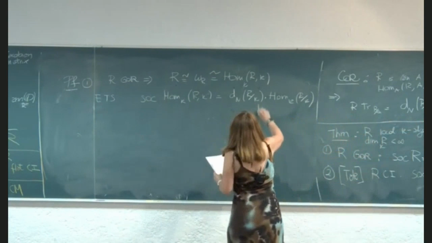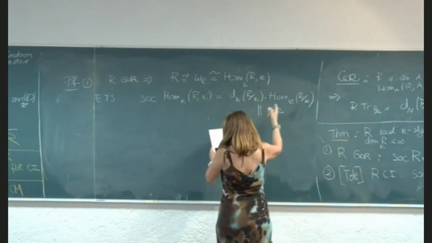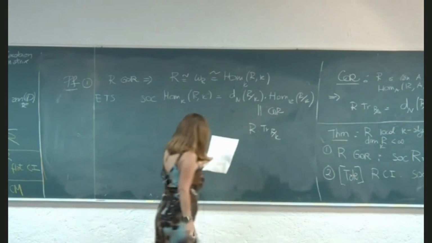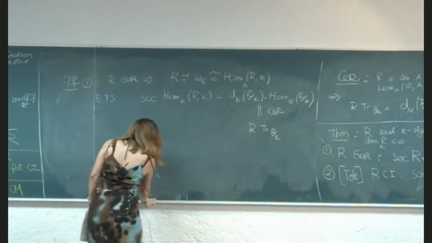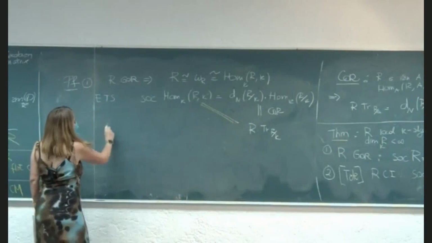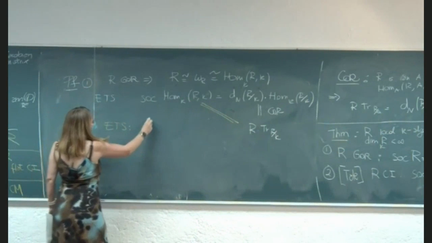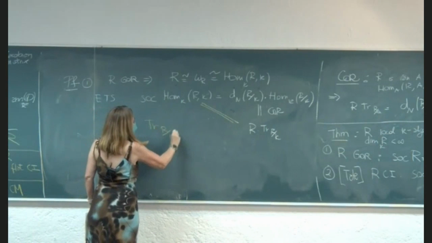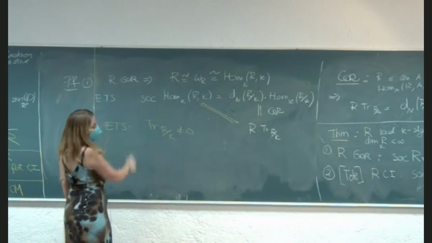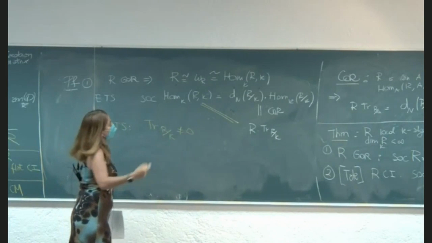Because if this is true, then this is generated also by the Noether different. But now look at the corollary. The corollary exactly describes this guy. And it tells me that this guy is the trace times R. So this guy, by the corollary, that's why we use the corollary, is R times the trace of R over K. So I have to show this equality.